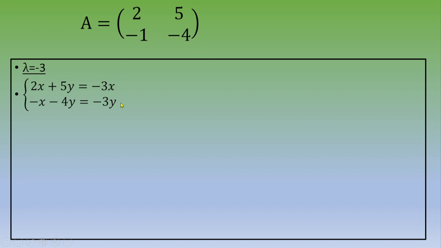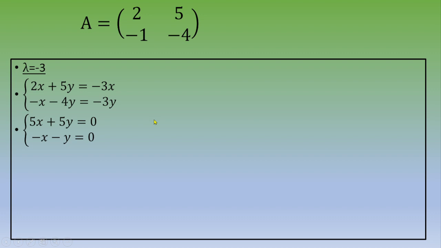So we do exactly the same. We are going to put terms in x and y on the same side of the equation, and we end up with 5x plus 5y equals 0 and negative x minus y equals 0.